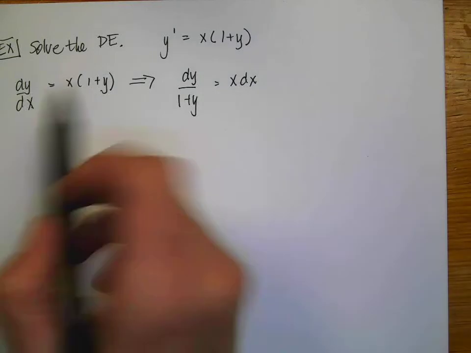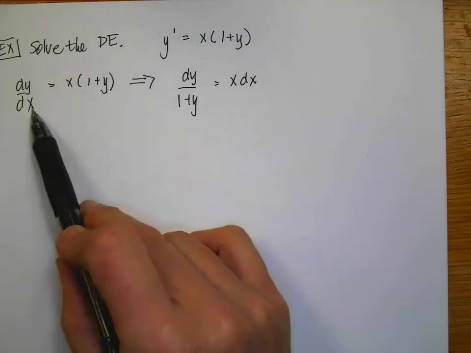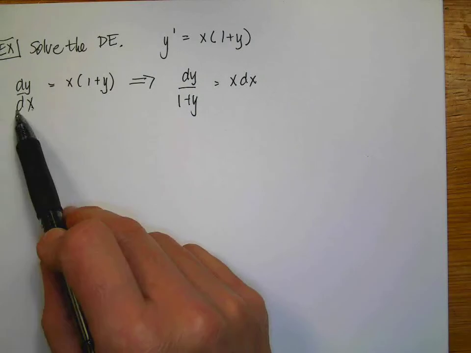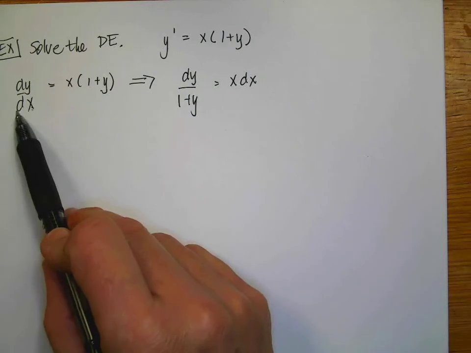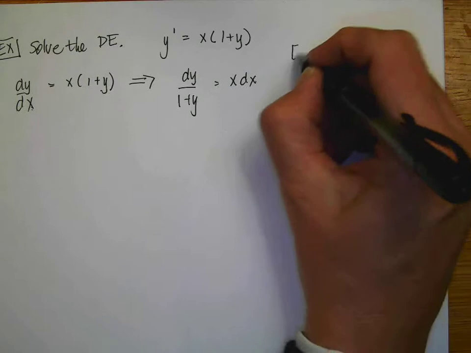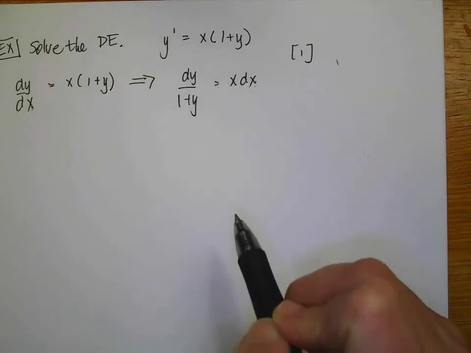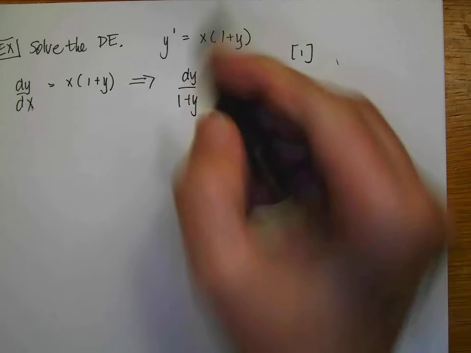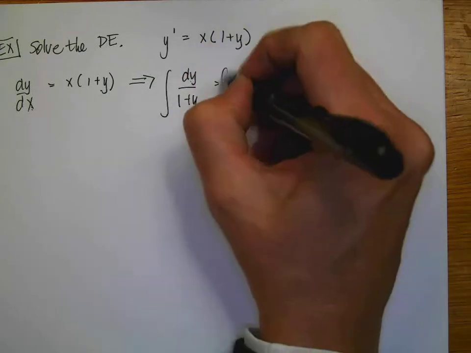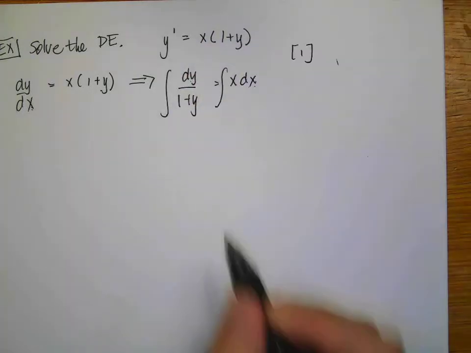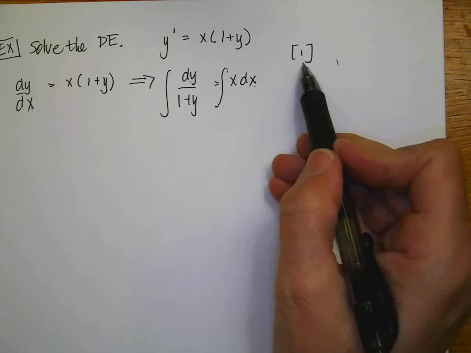When you're taking your exam, one of the things that you get credit for is splitting this up into dy dx. And sometimes you will get a whole point just for showing that you put your dy and dx on the opposite sides. And then oftentimes you get another point for the integration, but it's easy to get that 1 point.